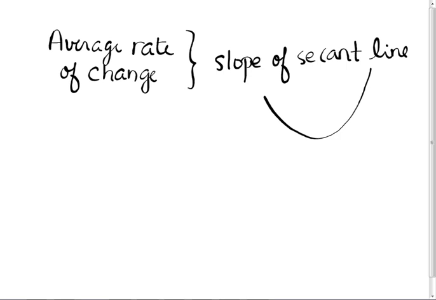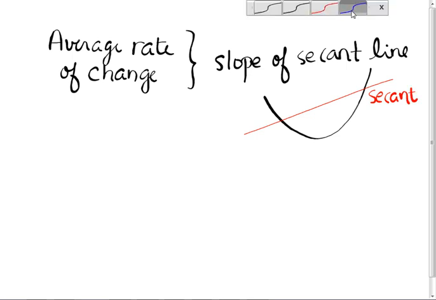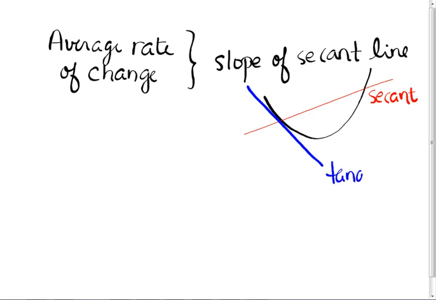So the secant line is just this. That's the secant. And this would be the tangent. Okay, do I need to put the points on there, or do we know what the slope is?